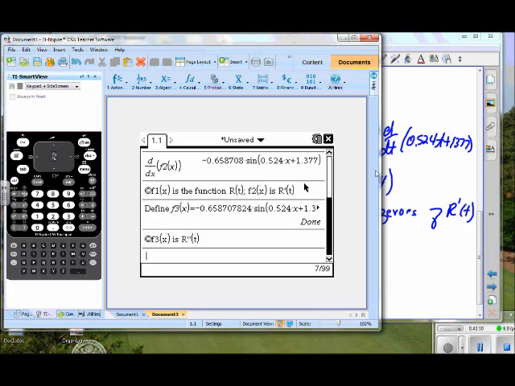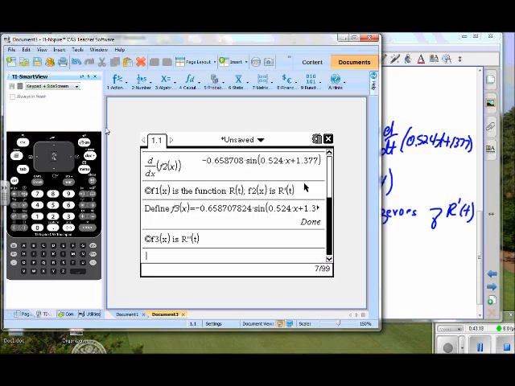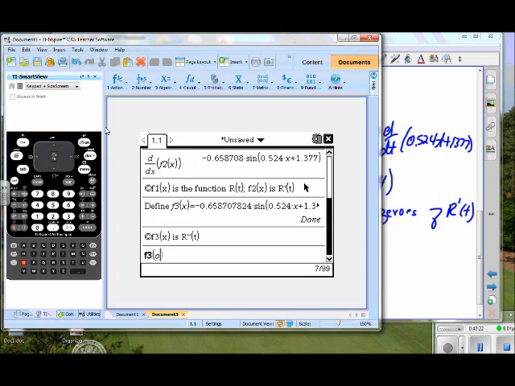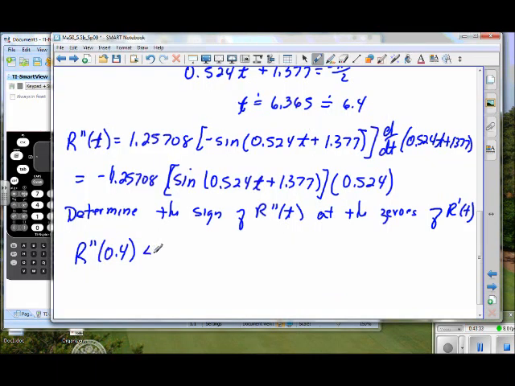So if I'm going to evaluate the sign of the second derivative at 0.4, I'm going to type f3 of 0.4, and that is negative, so I just need to come over here and say that is negative.